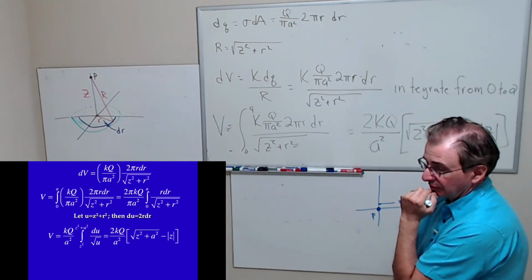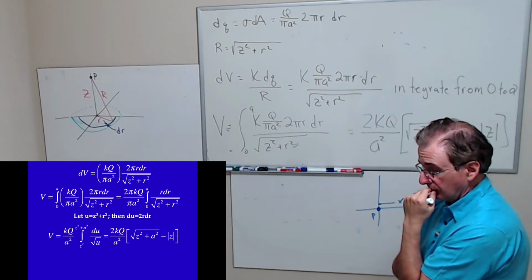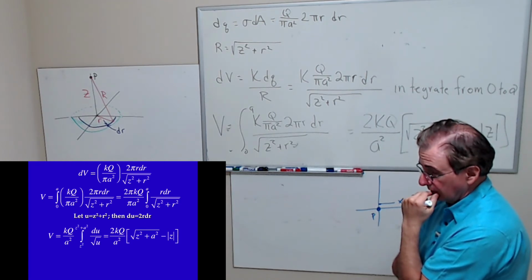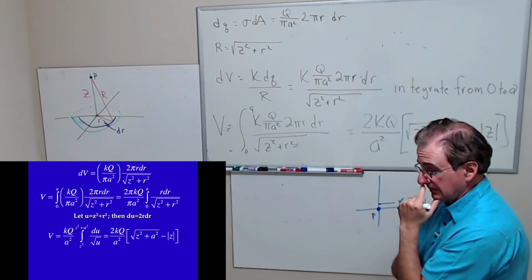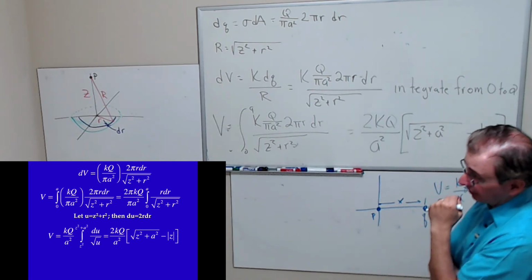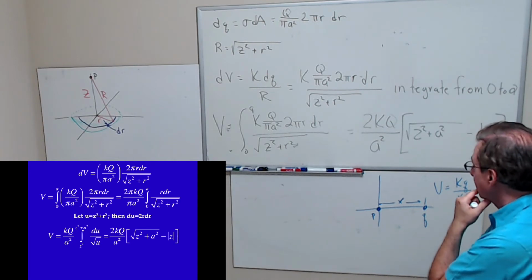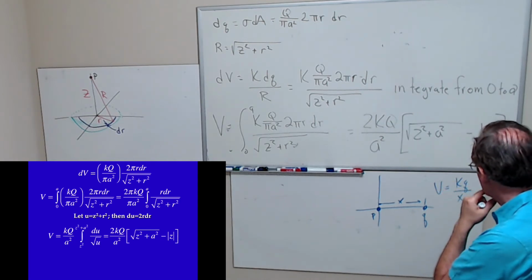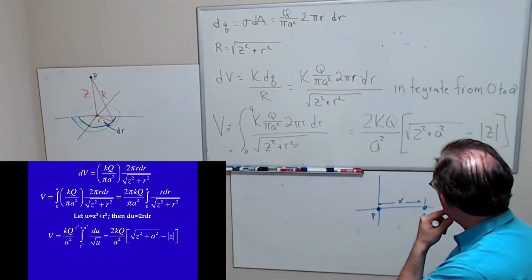It should look like the potential due to a point charge, right? Well, what if a is really big? If a is pretty big, then you have the electrical potential due to a point. My question then is, if I know this is my V, how do I get the electric field?